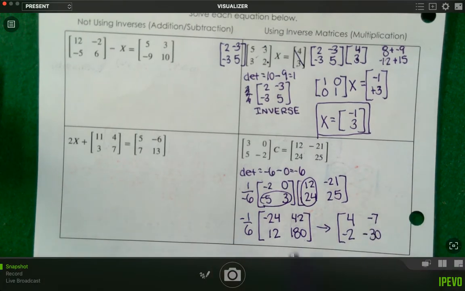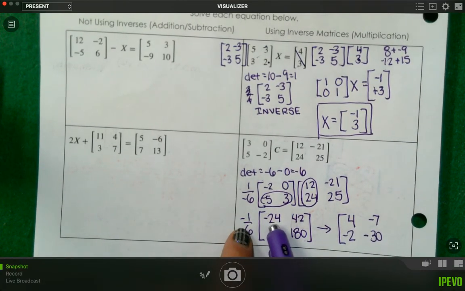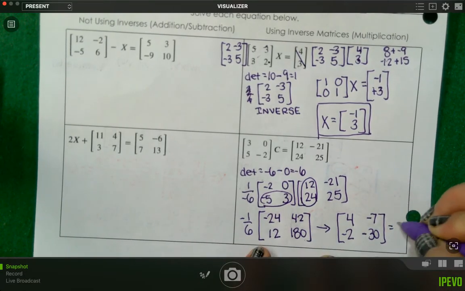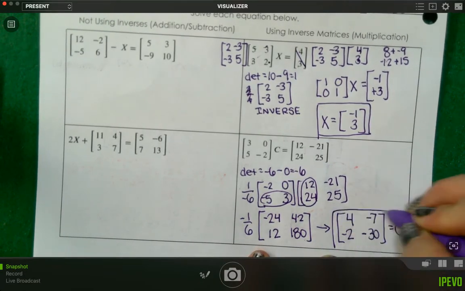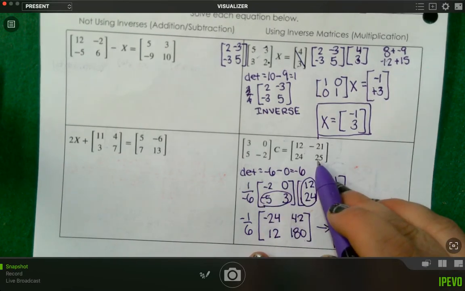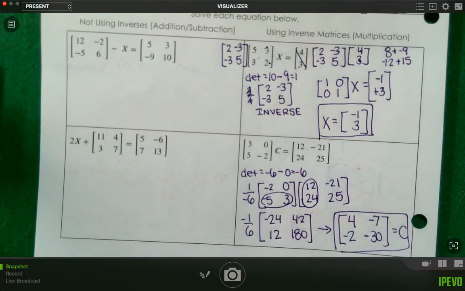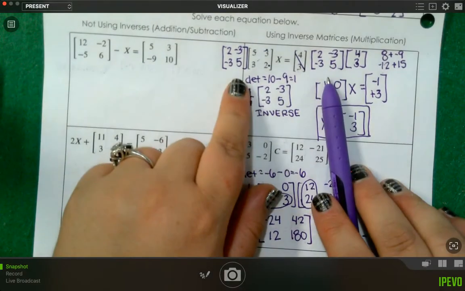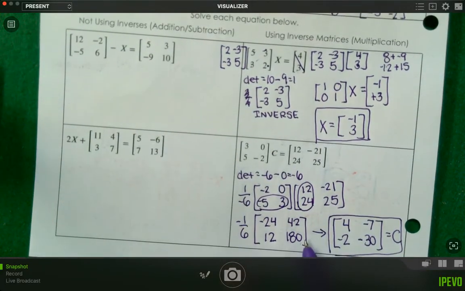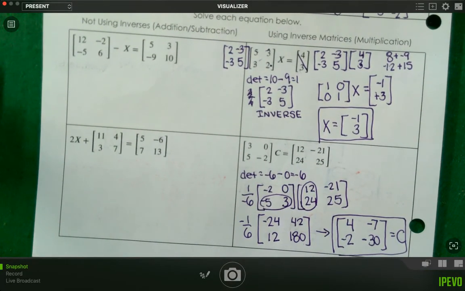So the only one where the negatives canceled out was these two, because those two negatives made a positive. And this is C. So basically, you just take the inverse times whatever matrix is over here, but the inverse has to go on the left. Up here, I just did it like this to show you why. Down here, you can just kind of skip to that now that we've seen why.